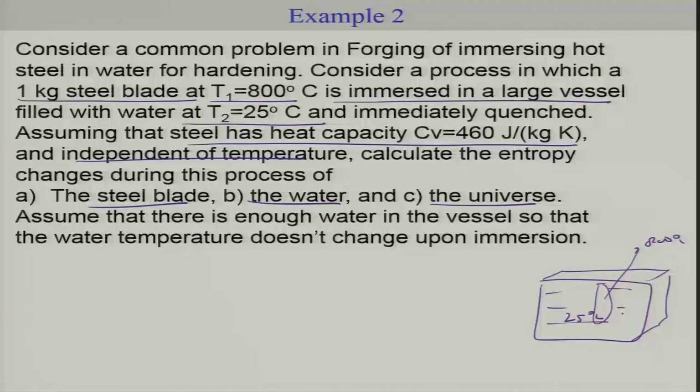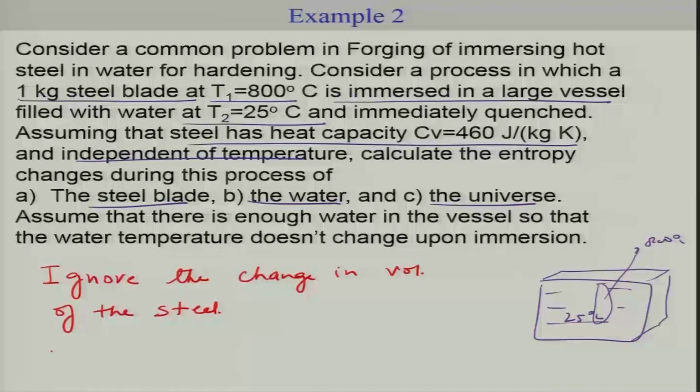So how do you solve this problem? One of the things we can do is ignore the change in volume of the steel. This is something we can consider for metals in this temperature range.